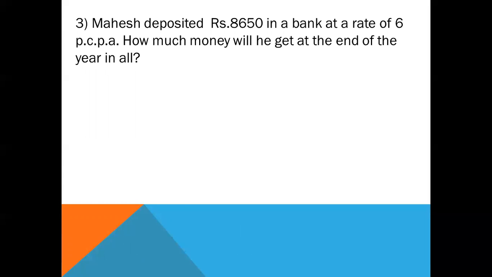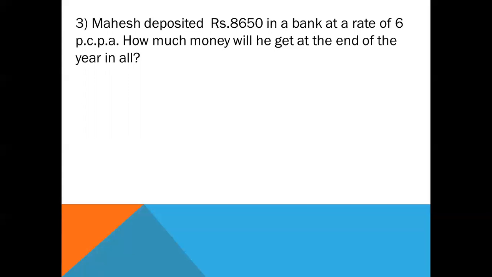You have learned in the previous video that whenever we deposit any amount in a bank, the bank gives us some kind of interest on that amount. So here, he has deposited rupees 8,650 in a bank, and the bank will be giving 6% as interest to Mahesh. So what will be the total amount Mahesh will receive at the end of the year along with the interest and principal?